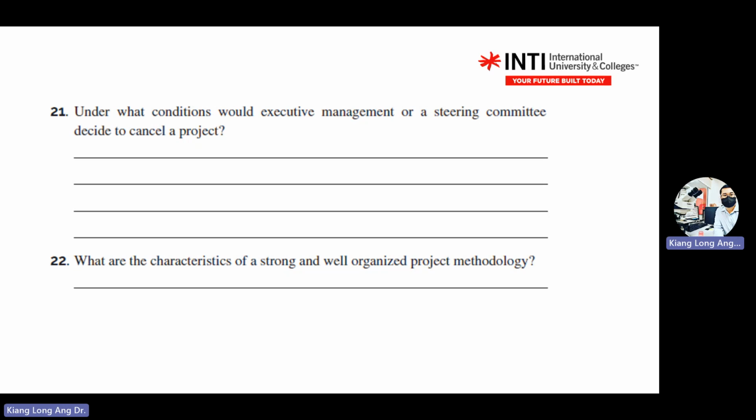Okay, so 4 types of decision, very important. But this one is the last option of the decision. So what condition, as a decider, or if you are top management, under what cases or scenario will you cancel?